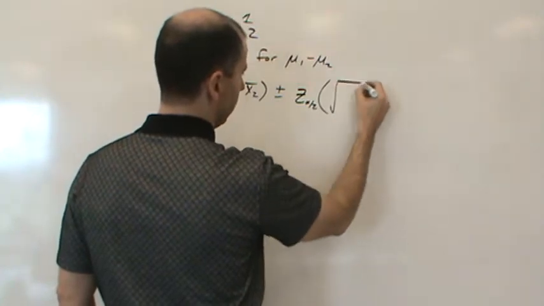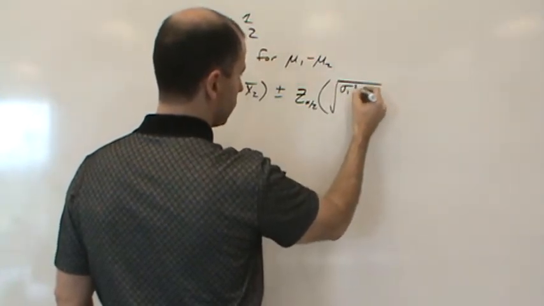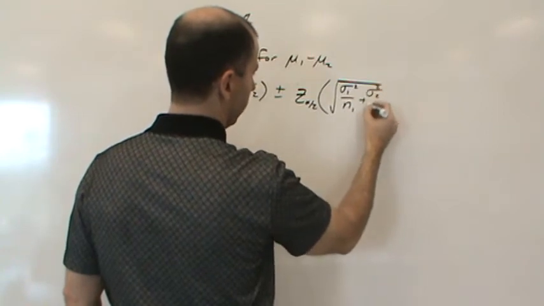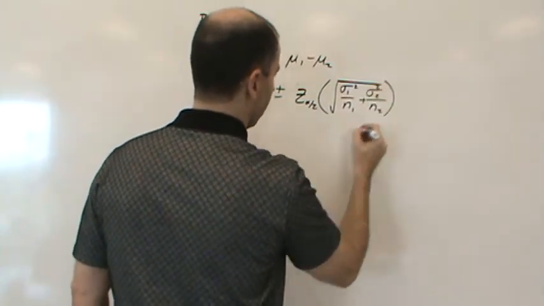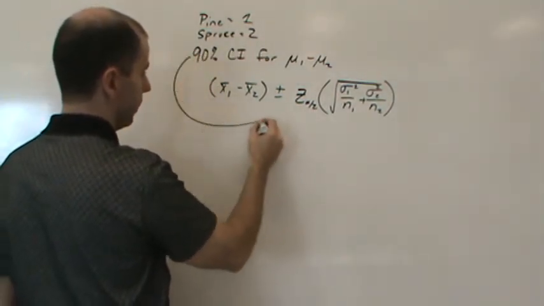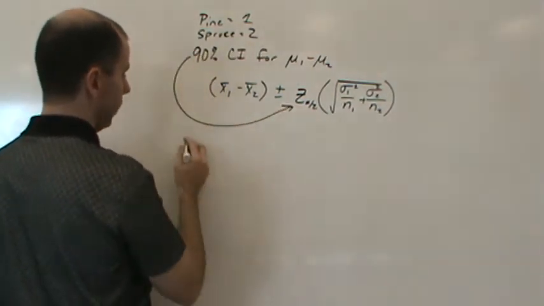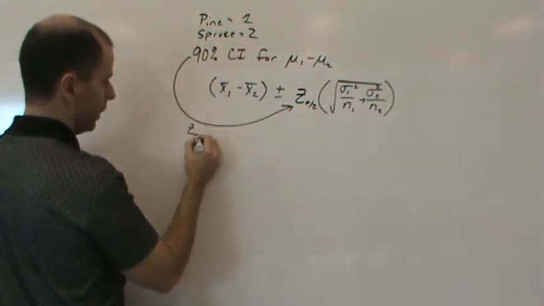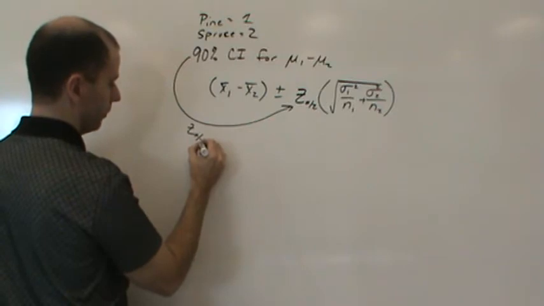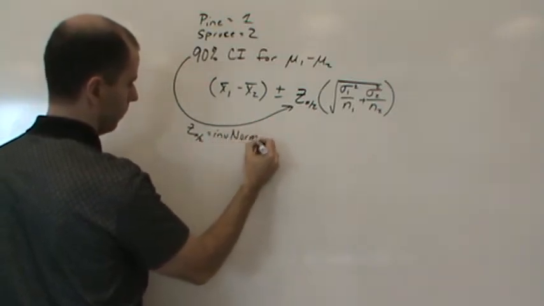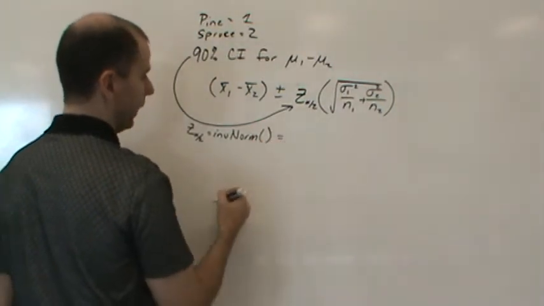And then this is going to be the square root of sigma 1 squared over n1 plus sigma 2 squared over n2. Okay. So now, again, this 90% should give you the z-score by either you just know it or you can use inverse norm, right?